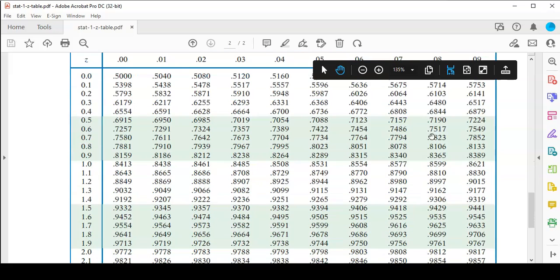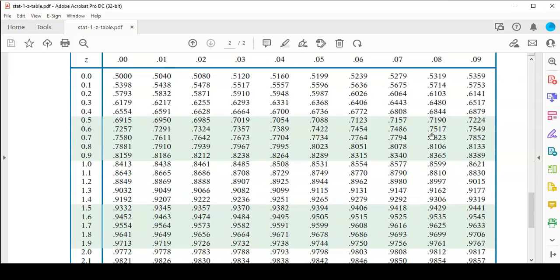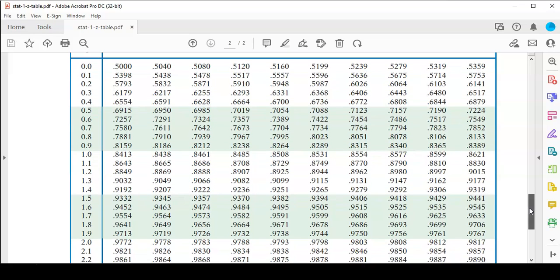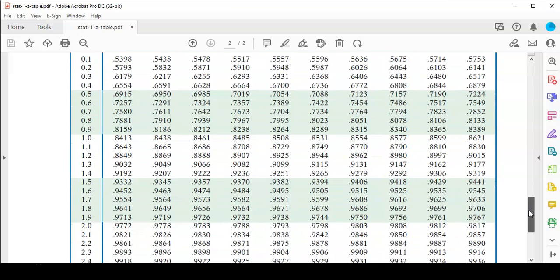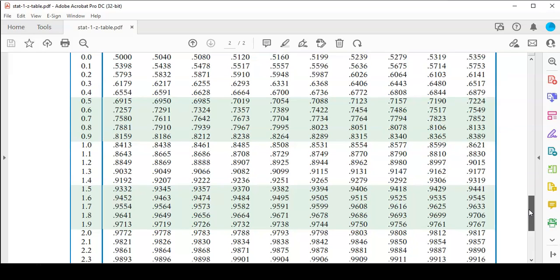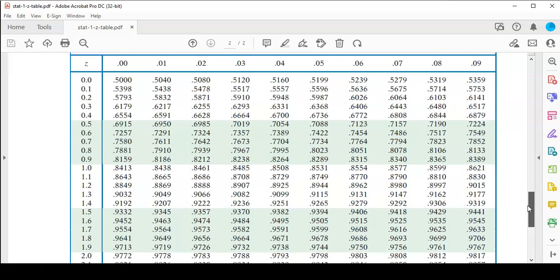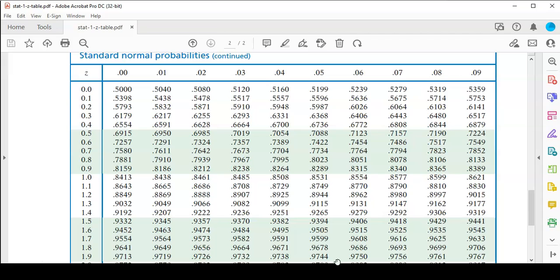Where is 95%? Find the closest to 95%. What do you see? Where do you see 0.95 something? I have it here. Let me go to the drawing mode. So we have 0.9505, and also I have 0.9495. What do you think? It's a push.